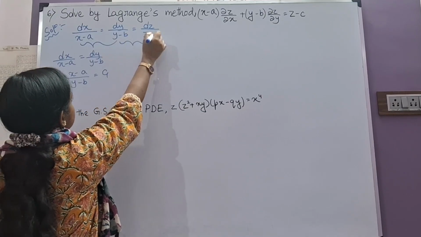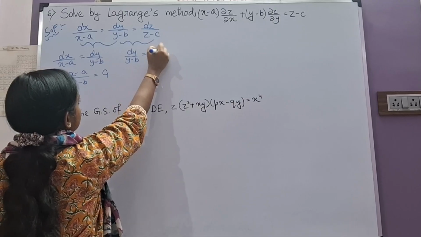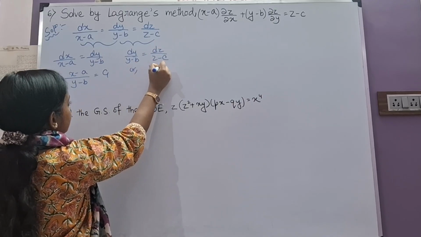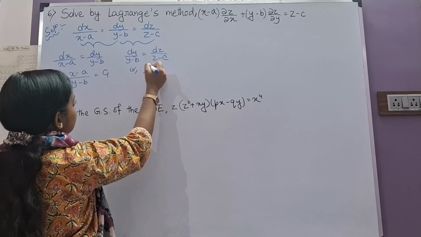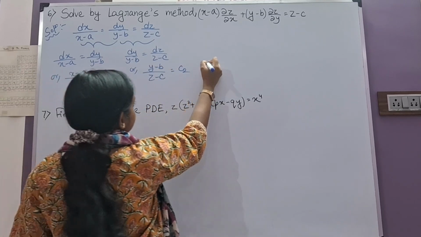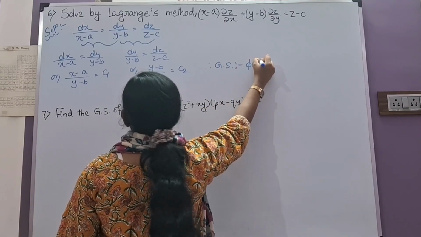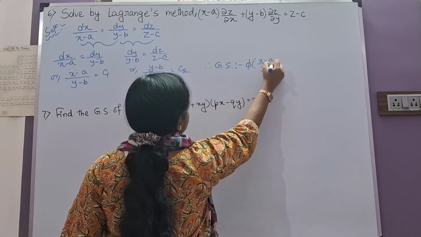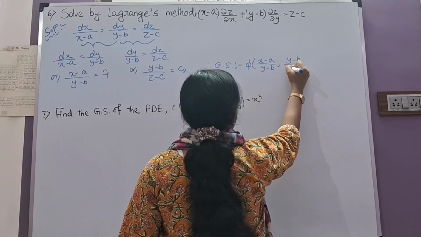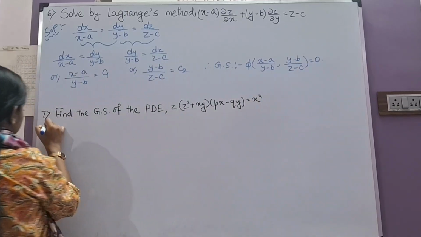And choosing the last two ratios, we get dy by (y minus b) equal to dz by (z minus c), or (y minus b) by (z minus c) equal to c2. So the general solution is phi of ((x minus a) by (y minus b), (y minus b) by (z minus c)) equal to 0.